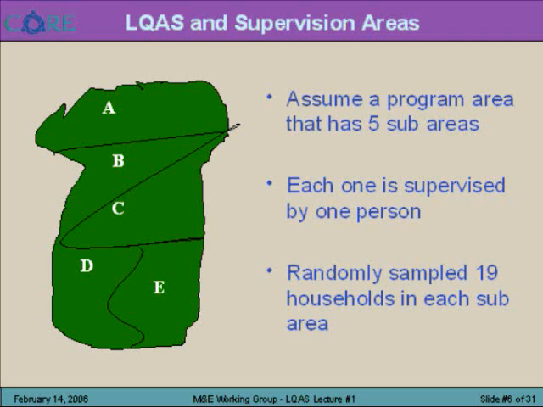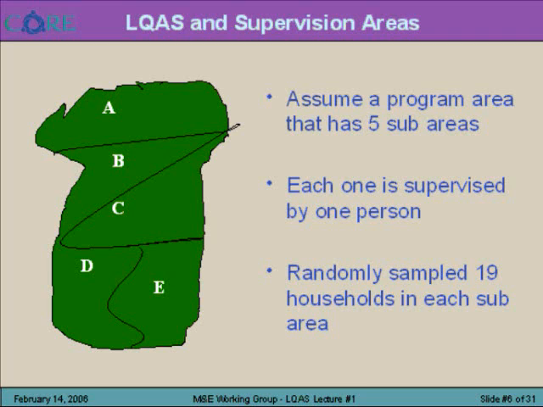The project team decided to establish 5 supervision areas within the project catchment area and identified 1 local supervisor to work in each of the 5 sub-areas with the primary purpose to assess and supervise the quality of services at this local level.